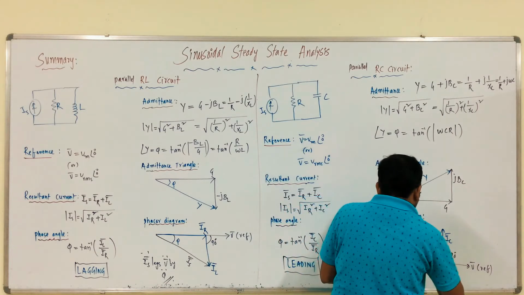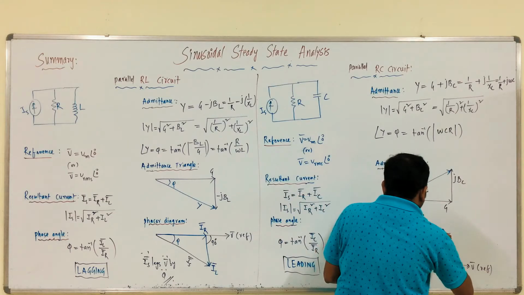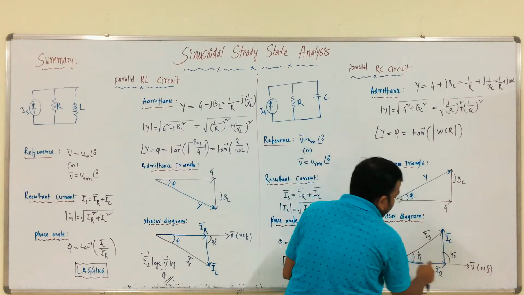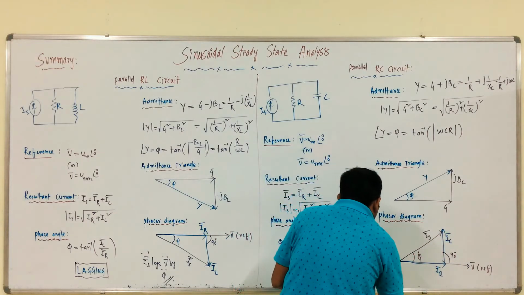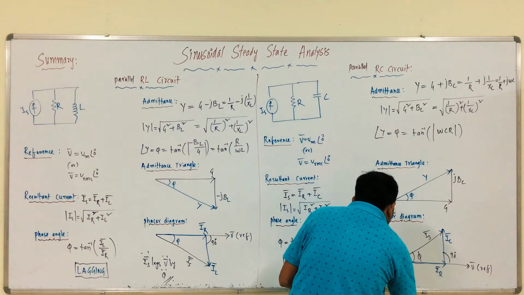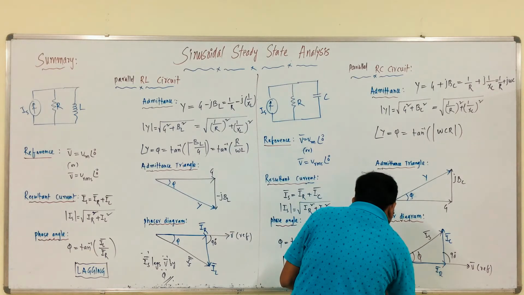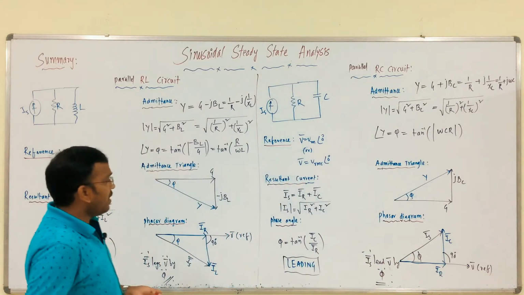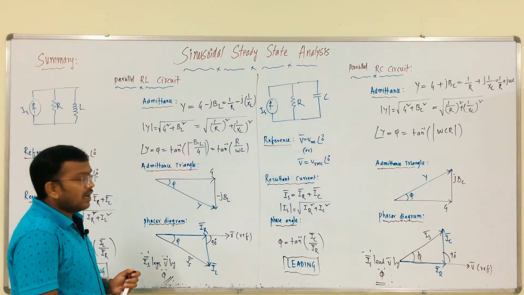Therefore, the resultant current leads by phi. IS leads V by phi, leading, right? This is about parallel RC and parallel RL circuits.